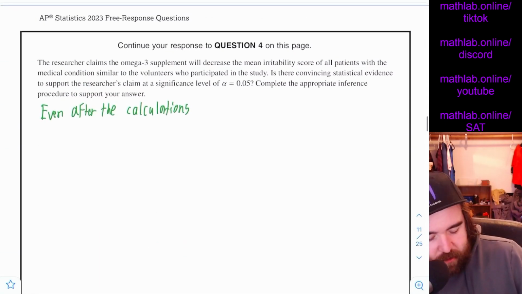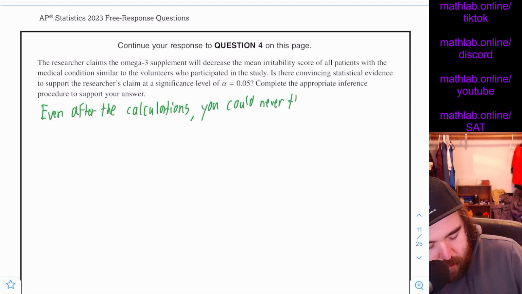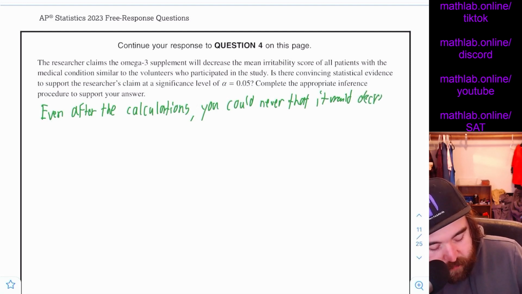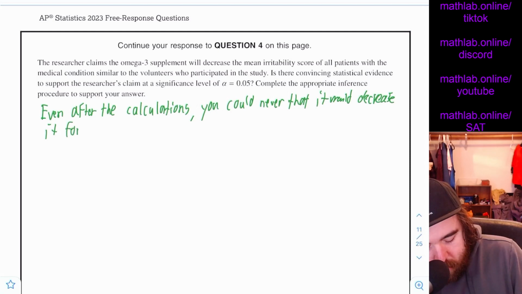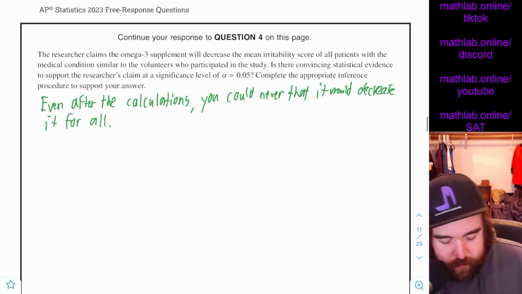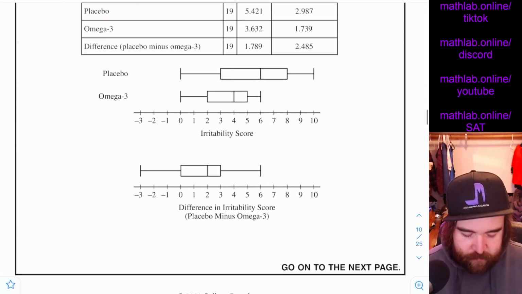Even after the calculations, you could never claim that it would decrease it for all. But we will run the test nonetheless.